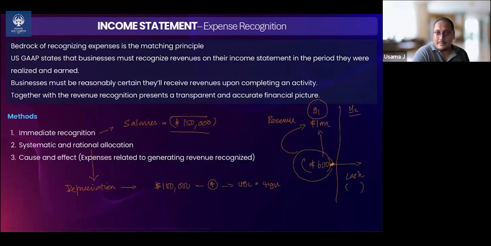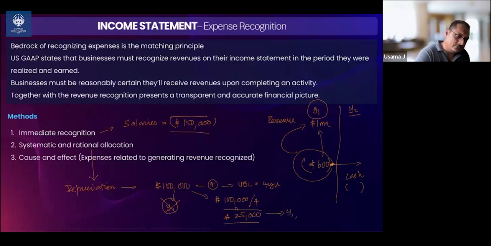So what makes sense, that I allocate this entire $100,000 into year one? No. What makes sense is, since I will be using this $100,000 over a 4-year period, I allocate $25,000 across the next 4 years. Systematic, rational allocation of cost.